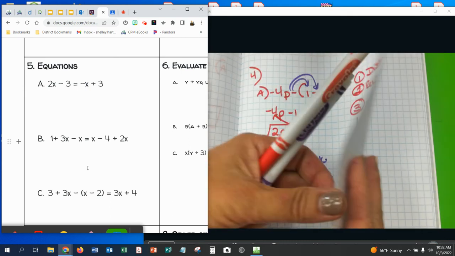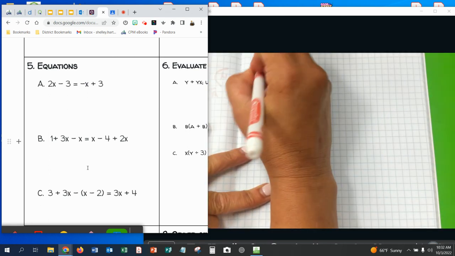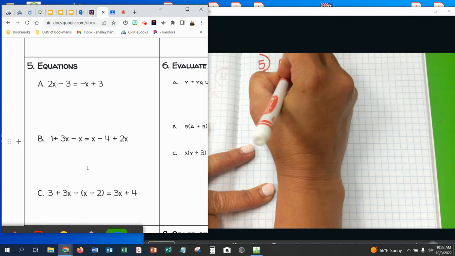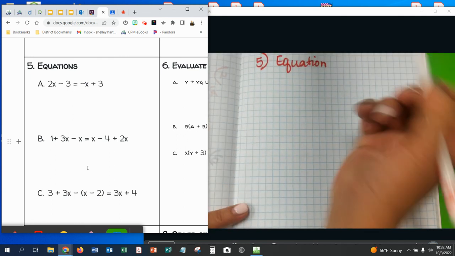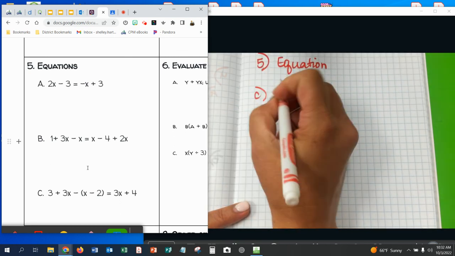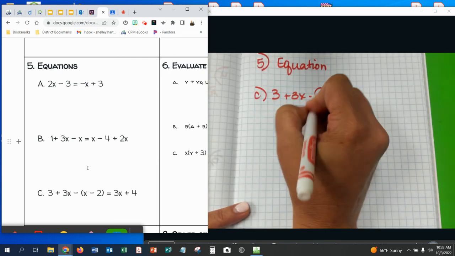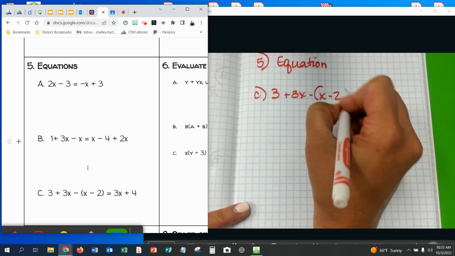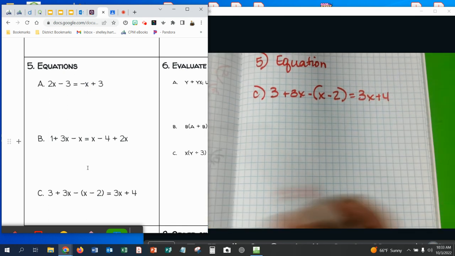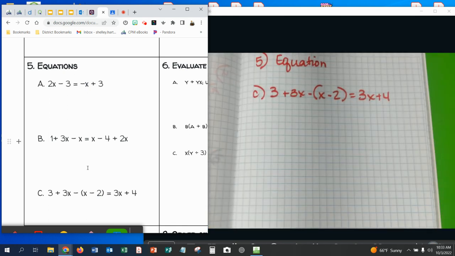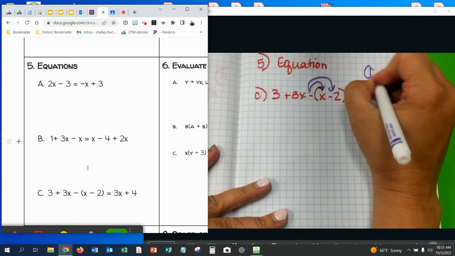Equations. Number 5. I'm going to do C because it's the biggest. So we have 3 plus 3x minus (x minus 2) equals 3x plus 4. The first thing I'm going to do is distribute. Boom, boom. Number 1, distribute.